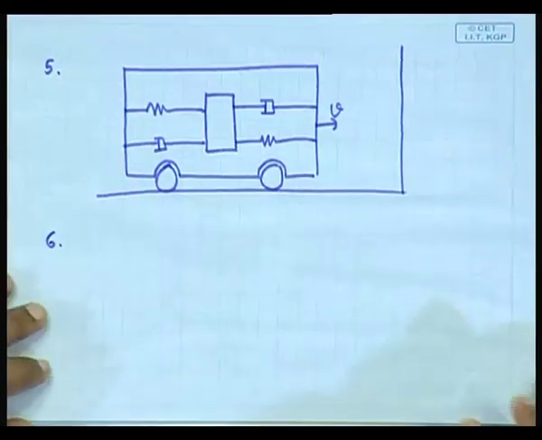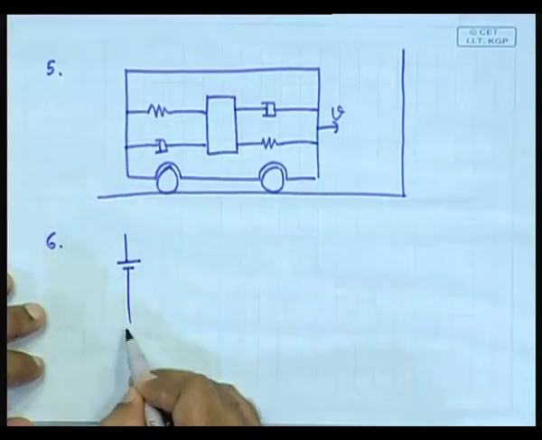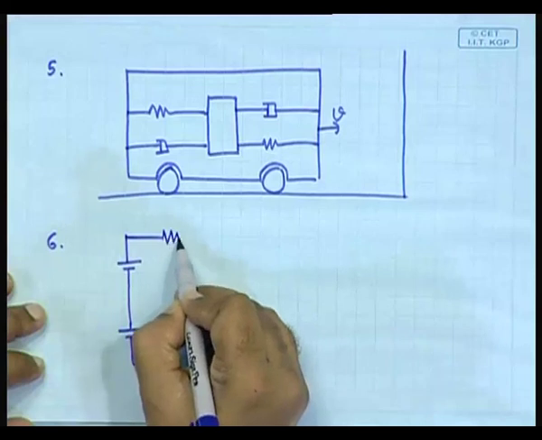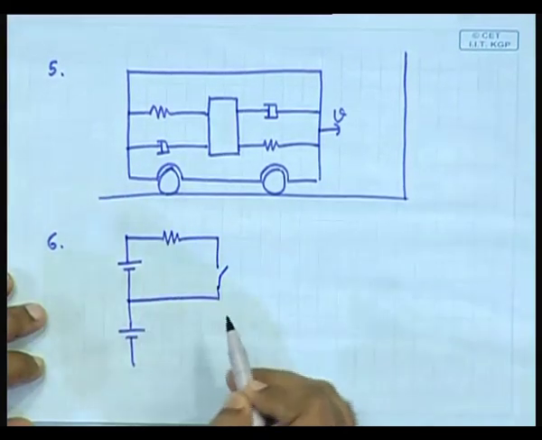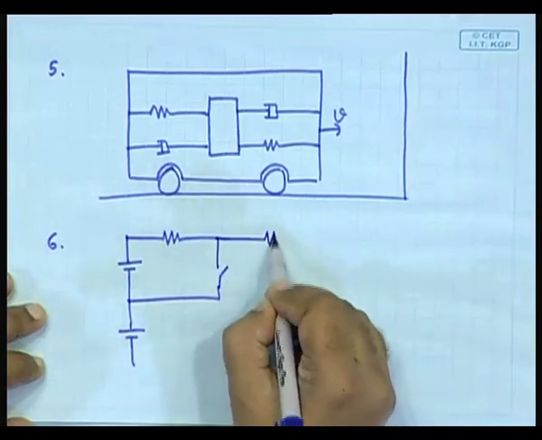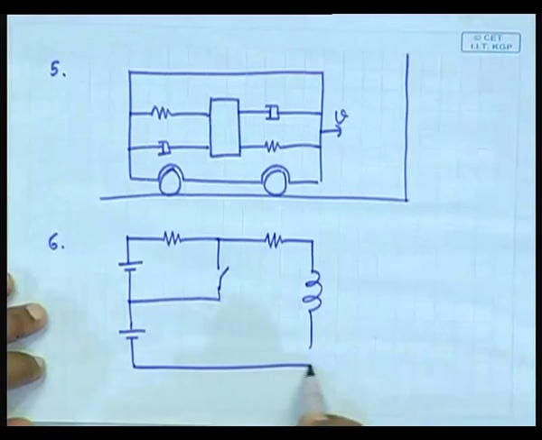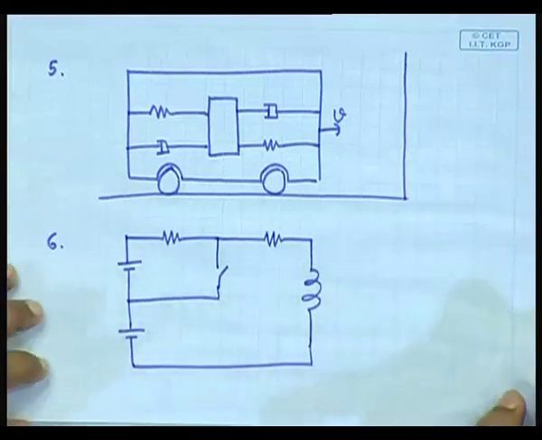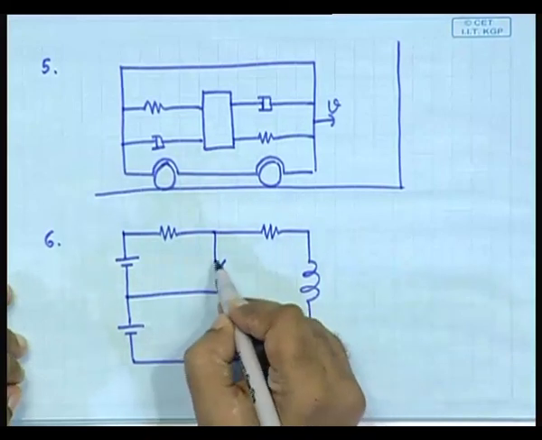Okay, now 6, it is again a circuit problem. There are 2 batteries, and suppose here you have a switch and here is another, and this is an inductor. It is a first order problem. Initially the switch is open.